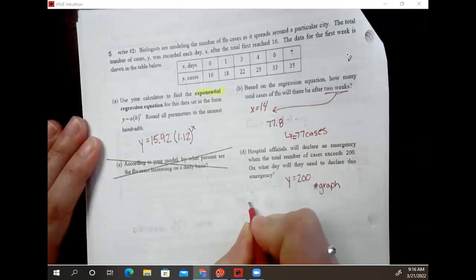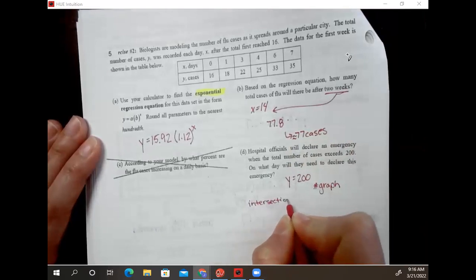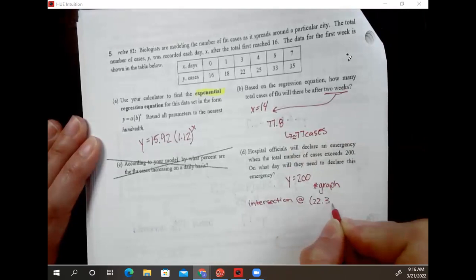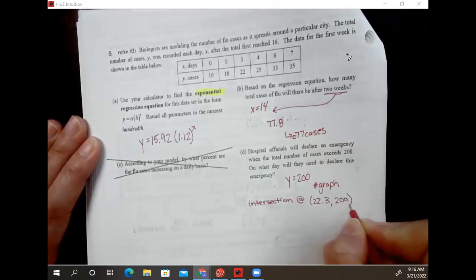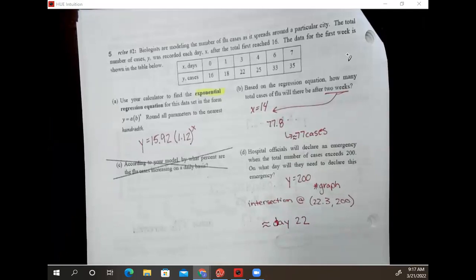And we saw we had an intersection at 22.3, I think, comma 200. So we'll say about day 22. On day 22, we hit that 200th case. So on day 22 is when we would need to declare an emergency.